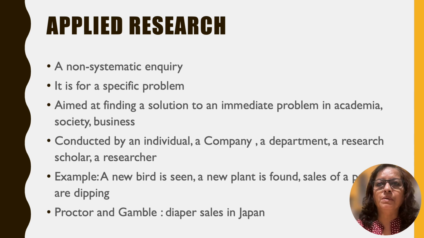So Procter & Gamble went back to America and created a new product called, I think, Quick Fit diapers, in a size better suited to Japanese babies, and the sales picked up.